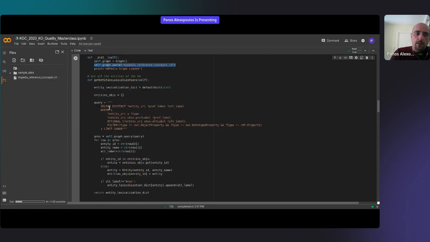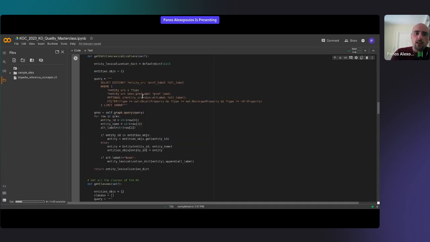Then I have added two methods. One method retrieves from the knowledge graph the entities and their lexicalizations, and I use a SPARQL query to do that. This method simply returns a dictionary whose keys are the URIs of the entities and the values are lists of the different lexicalizations of this entity, the different labels in English, right?